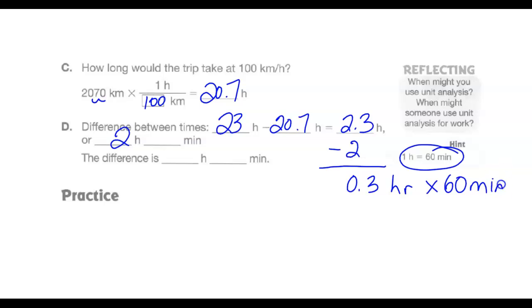So 60 minutes is in an hour, so it's another rate as well. And so now, dividing by 1 doesn't do anything, so 0.3 times 60 is 18. You can do it in your calculator if you need to. So 2 hours and 18 minutes. Okay, so that's 6.7. You can do the practice now and then go on to 6.8.